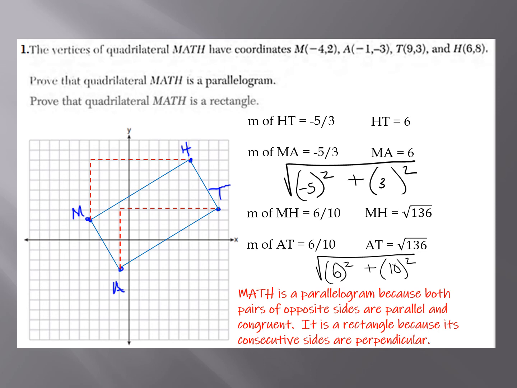So going from that cheat sheet, I'm going to say that it's a parallelogram because both pairs of opposite sides are parallel and congruent. It's a rectangle because consecutive sides are perpendicular. And if you don't remember, 6 over 10 reduces to 3 over 5. So that is the negative reciprocal of negative 5 over 3, because one's positive, one's negative, and one is the flipped version of the other.